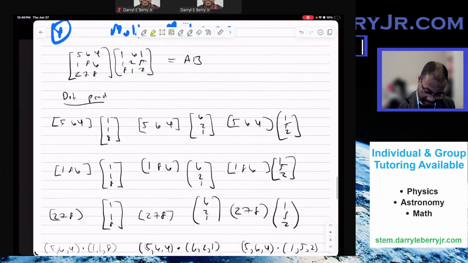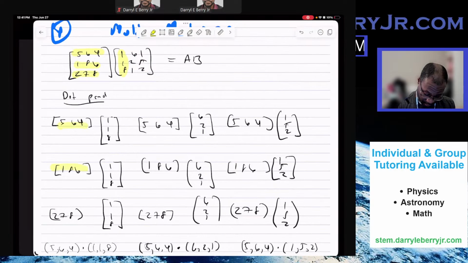So what I have is this column, dot product the whole row down, and that's the whole row down here, dot product by that.